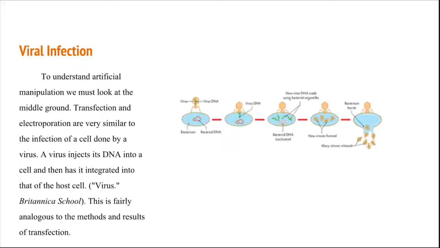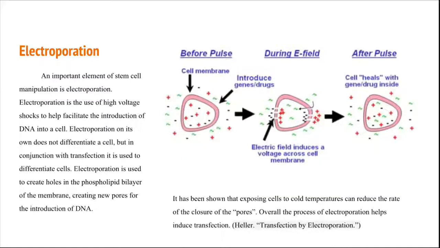Now, this is very analogous to the methods and results of transfection, which we will get into in a little bit. Before we address transfection, we must address electroporation. Electroporation on its own is not a method of cellular diversification, but it can be seen as a method to introduce and change a cell.